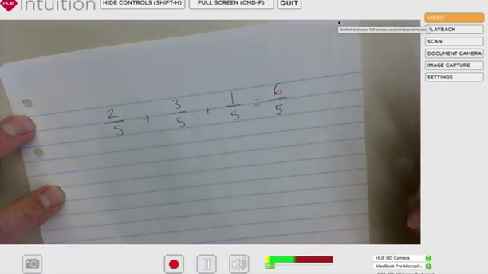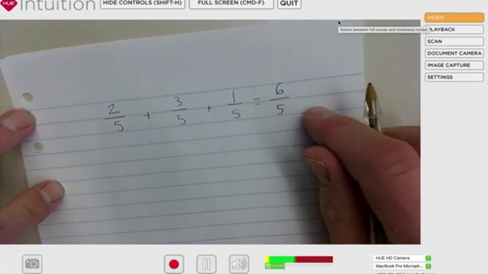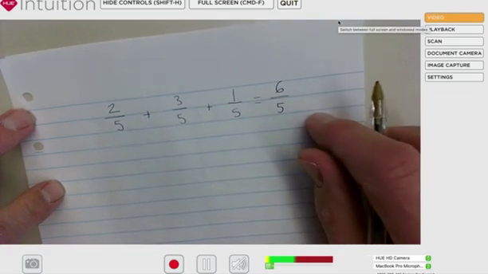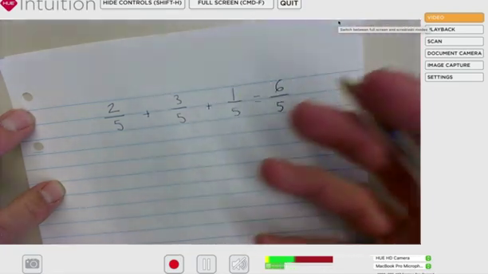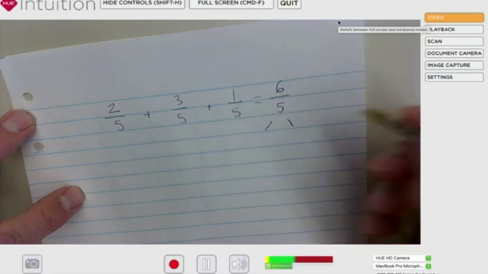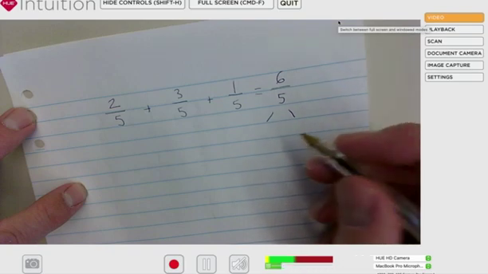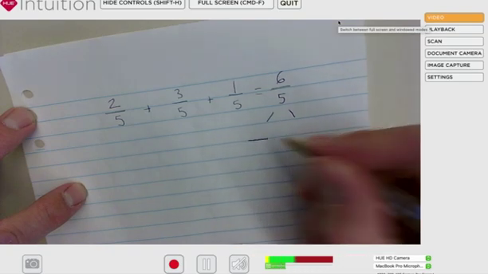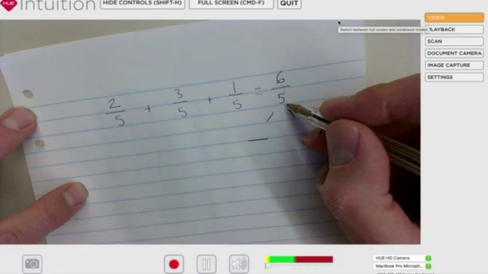Well, now we have a GTO, right? And as a final answer, we can't really have that. So what we're going to do instead is turn it into a mixed number, okay? We can do that by decomposing, which we've done many, many times. Now again, should this fraction that equals 1 be 6/6 or 5/5?